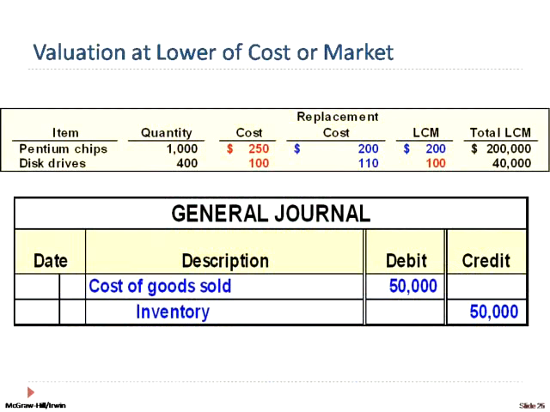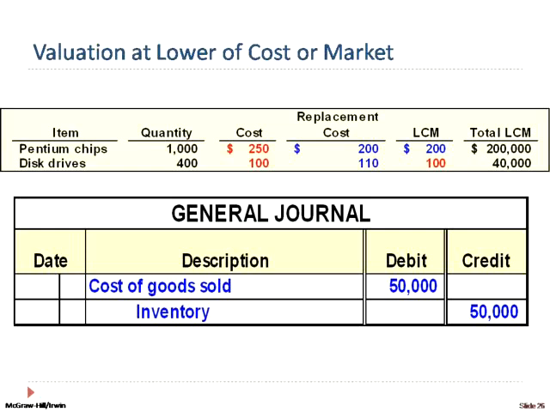To illustrate, assume that Dell Computer had the following in the current period ending inventory. The 1,000 Pentium chips should be recorded in the ending inventory at the current market value of $200 because it is lower than the cost of $250.